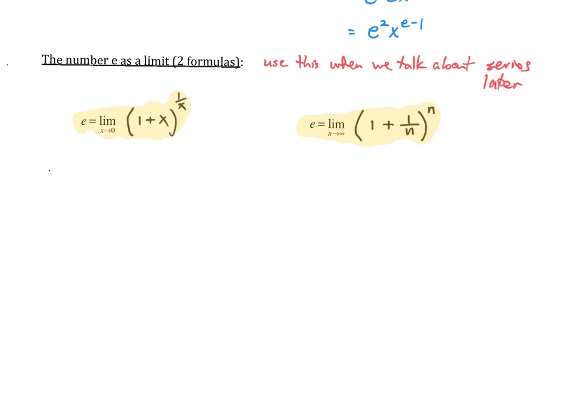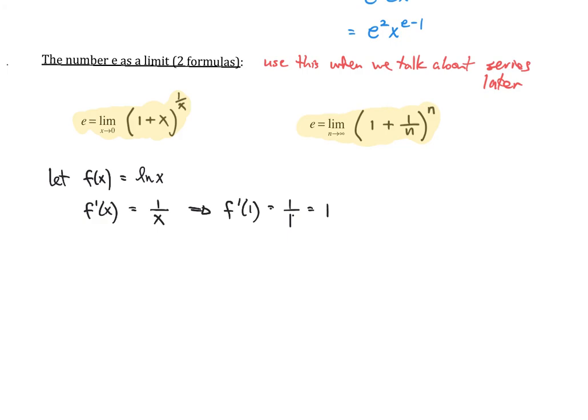So let's start off with letting f of x be equal to the natural log of x. Then we know that when we take the derivative of f of x, that's going to give you 1 over x, right? So in particular, if I were to substitute a 1 in for x, then f prime of 1 is just going to be 1 over 1, which is just 1.